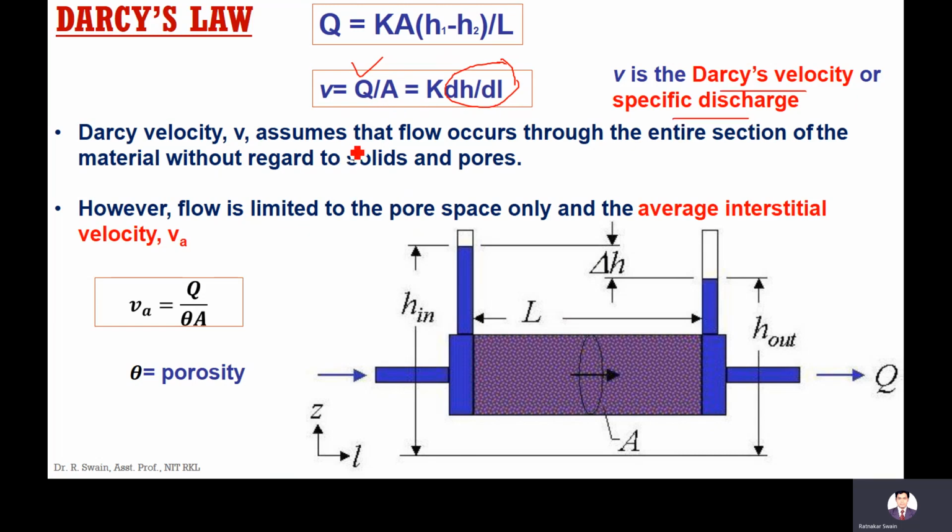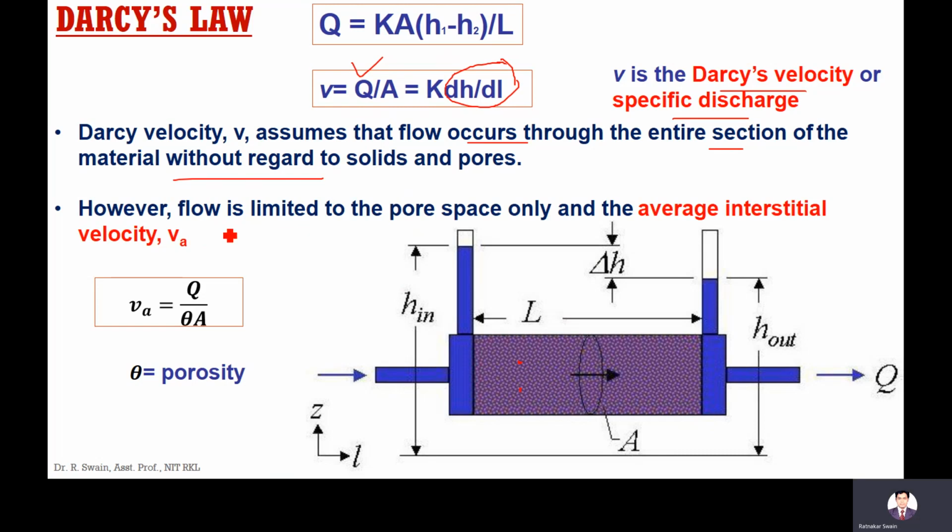Darcy's velocity assumes that the flow occurs through the entire cross-section of the material without regard to the solids and pores. So Darcy did not differentiate the pores and the solids in the soil mass. However, flow cannot occur through the solids. Flow can only occur through the pores.